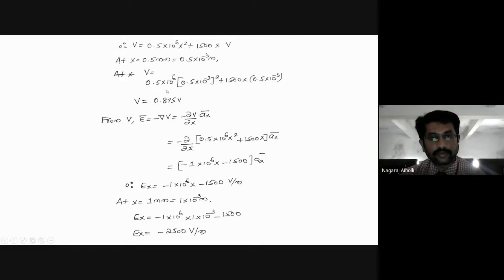Simplify this and tell me what your answer is. You have to substitute x equal to 0.5 millimeters in this equation: 0.5 into 10 raised to 6 x square plus 1500 x is equal to V.